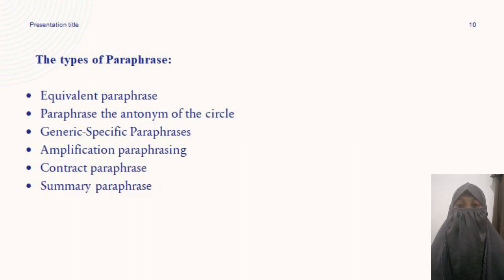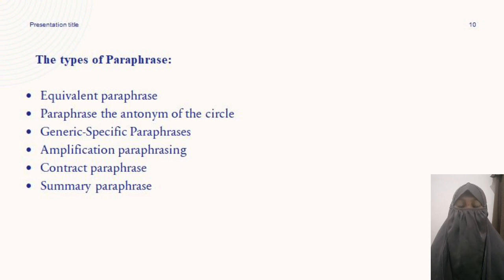Next is the types of paraphrase. There are several types of paraphrase, namely: 1. Equivalent paraphrase. Equivalent paraphrase is often called lexical paraphrase. Equivalent paraphrases are paraphrases between lingual units that have a very close resemblance in meaning. 2.